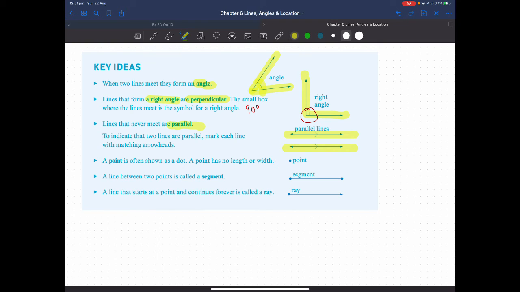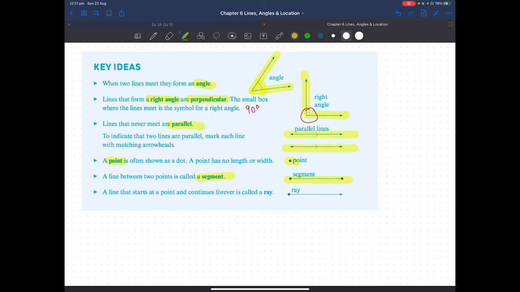When we represent a point, we normally represent a point by drawing a dot. It is a point like a point in space. It has no length, no width. A segment is a line that has a start and finish point. Not always are the points drawn.